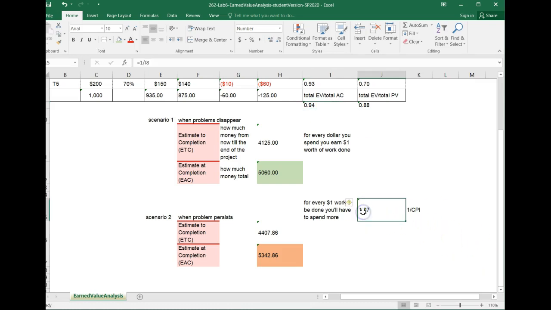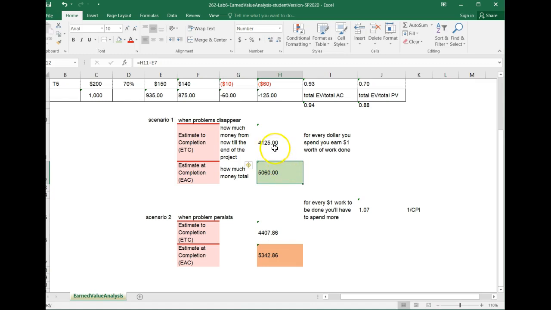This one is saying that for every dollar worth of work, you would need to spend $1.07. So CPI tells you how much you earn for $1 spent, and 1 over CPI tells you how much to spend for every dollar worth of work. And this is going to be EAC for scenario 2.